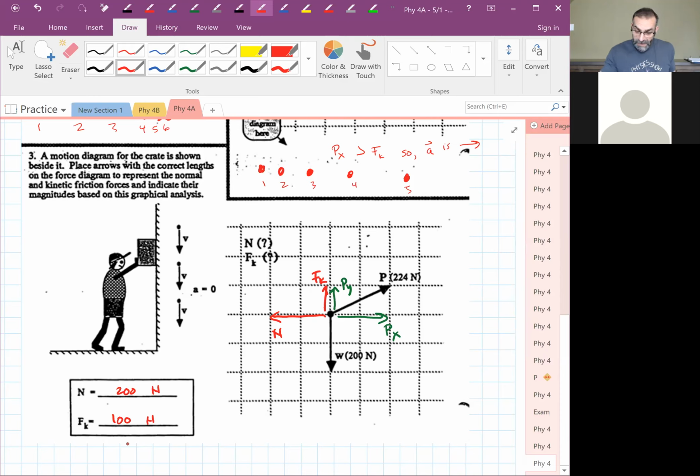Question was, if there's no P pushing the box into the wall, what happens to the normal force? Then the normal force goes to zero, right? The normal force goes to zero.